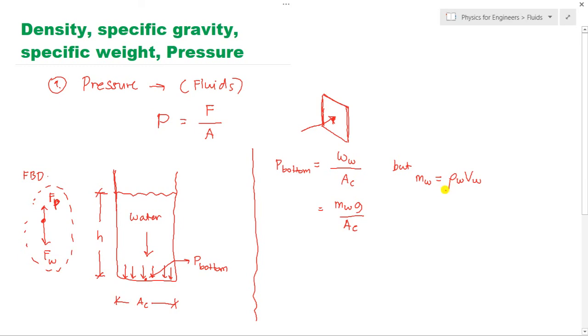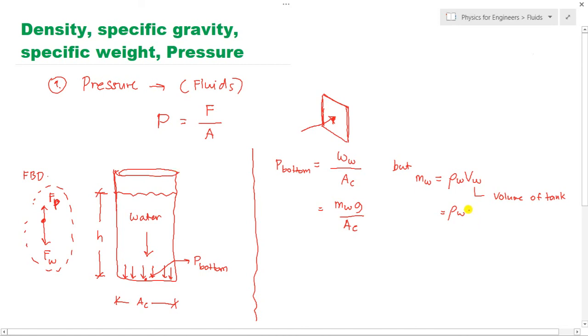And we know, class, that the volume here is just equal to the volume of the tank. Volume of the tank, because it is full of water, so it's equal to the volume of the tank. And what is the formula for the volume of the tank? That is just equal to the volume of a cylinder, because this tank is a cylindrical tank.